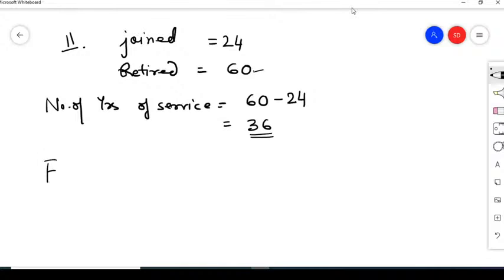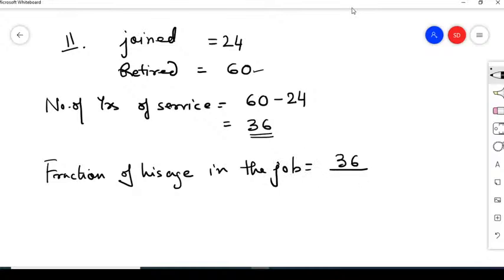So the fraction of his age in the job is equal to 36 divided by 60. Okay, now this can be reduced further. Let us see that 12 threes are 36, 12 fives are 60.